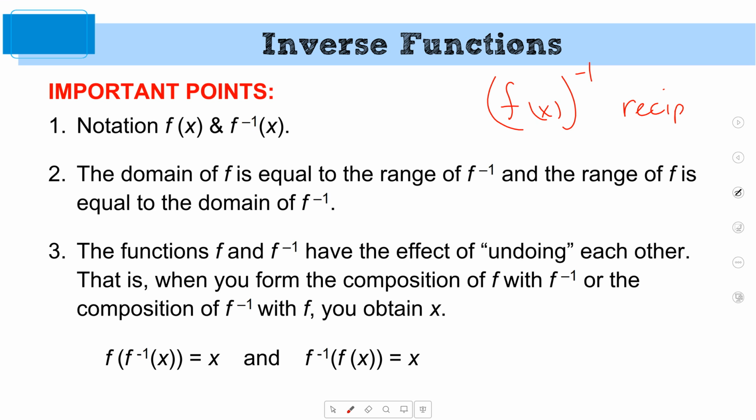So this opens up a whole new can of worms in that if you have to find the range of a nasty function, and you don't know what the graph looks like, because we talked about the ease of looking at a graph, you can find the inverse and use its domain, because those two things are the same thing. And you've never heard that before? I wrote that. Okay. And then how about the last part? If you make a composite function out of a function and its inverse, you get x for both directions. That's also an important thing.